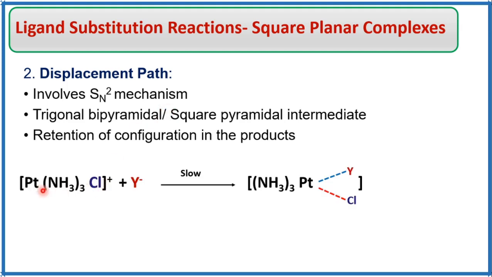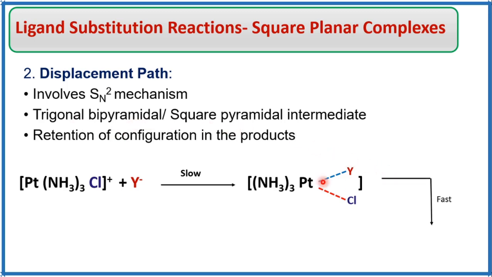If we take the example, Pt(NH3)3Cl is the original complex, and it is reacting with entering ligand Y minus, and this is a slow step. In the slow step, both the entering ligand and the square planar complex are involved here. Therefore, we can say that it is proceeding by the SN2 mechanism, and both these reactants react to give an intermediate, which will have a trigonal bipyramidal or square pyramidal shape.